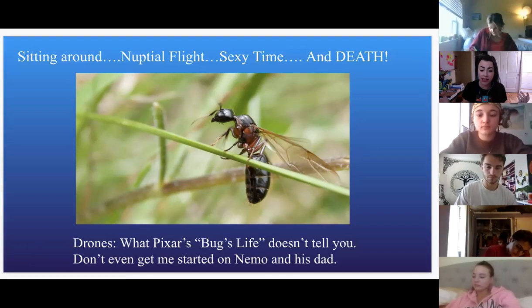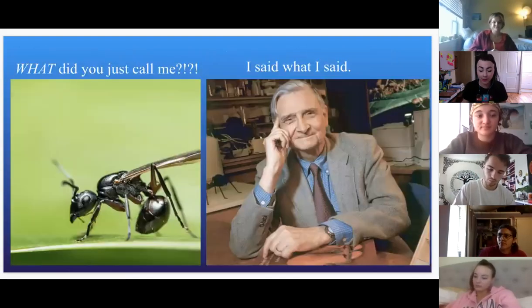So if you've ever seen Pixar's A Bug's Life and you have that main character Flick, he would be long dead by now. And I wrote in there, don't even get me started with Nemo and his dad because that's even more disturbing. Now, E.O. Wilson, this gentleman you see on the right, is basically the guy when it comes to ants. And he's also just a wonderful human.